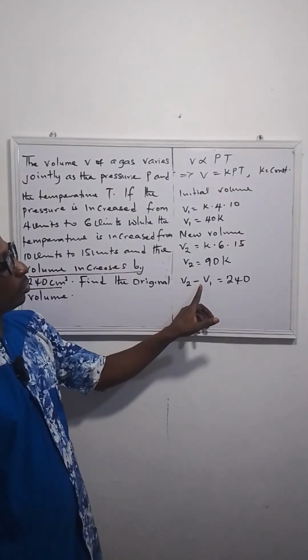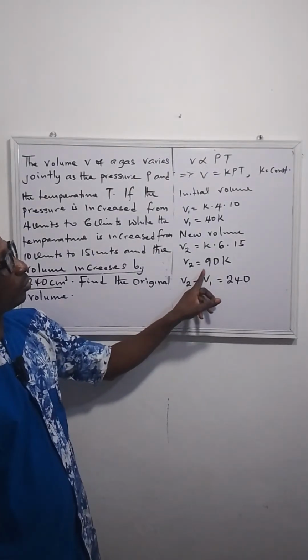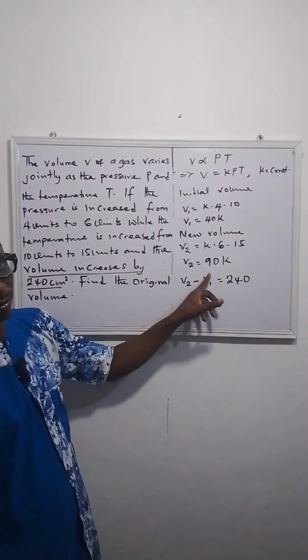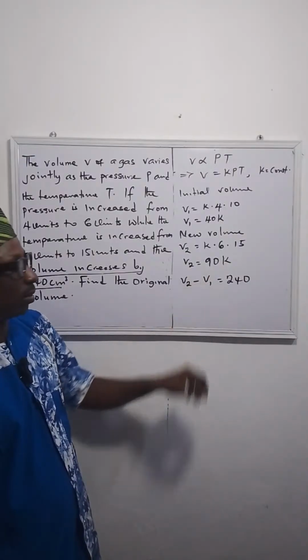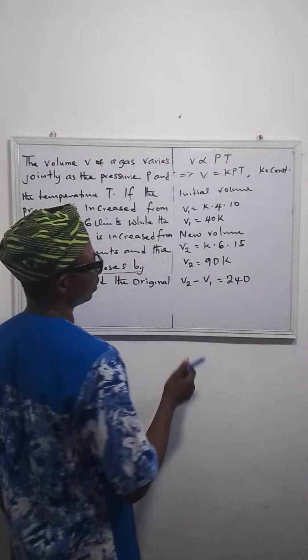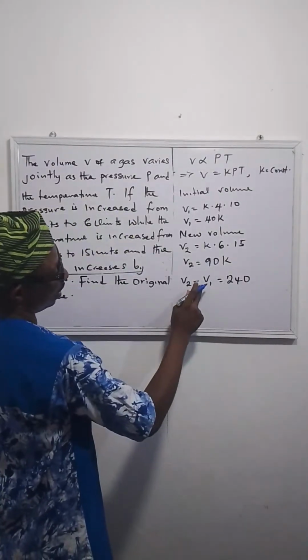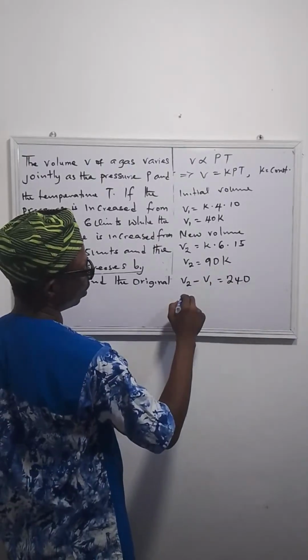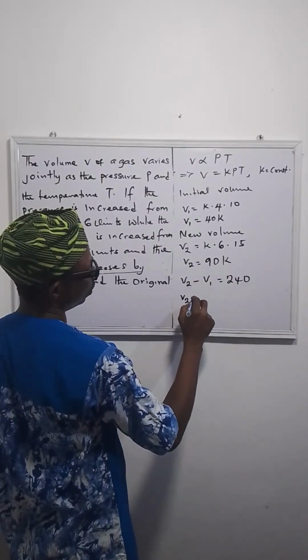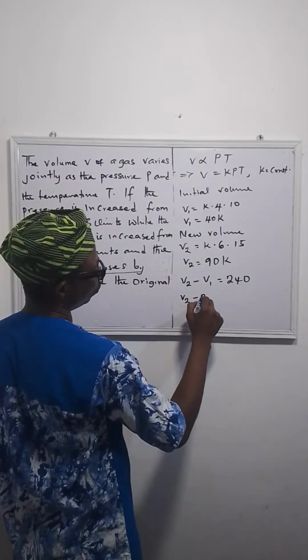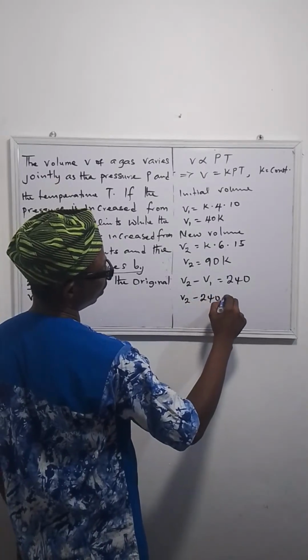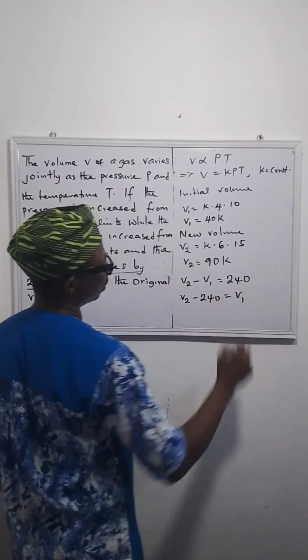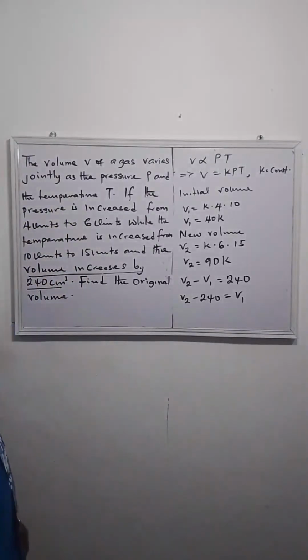We want to know the initial volume. Let's make this the subject of the formula. We move this one here. We have V2 minus 240 equals V1.